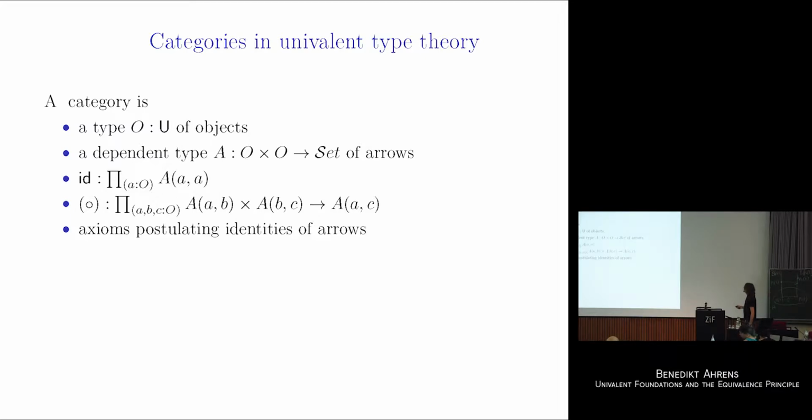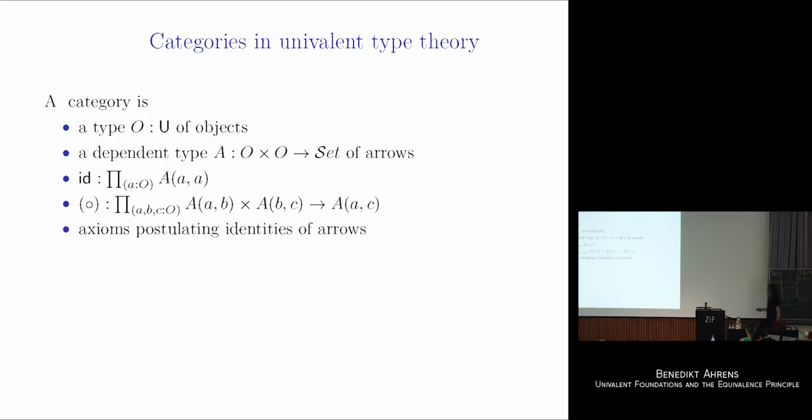This Set is just the sub-universe of sets, meaning those types in the universe U that are sets. So we require arrows to be sets.